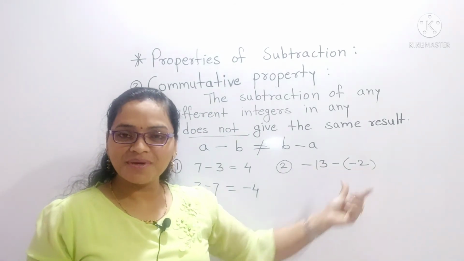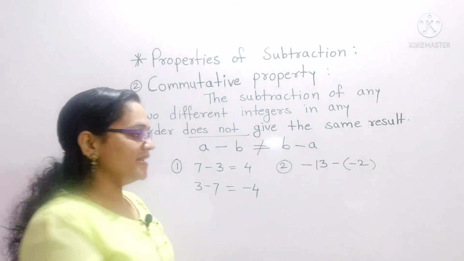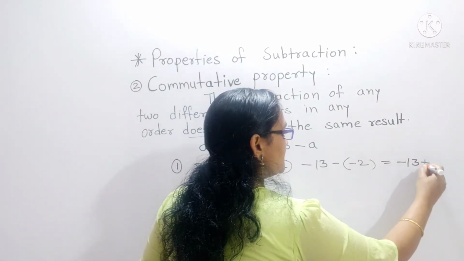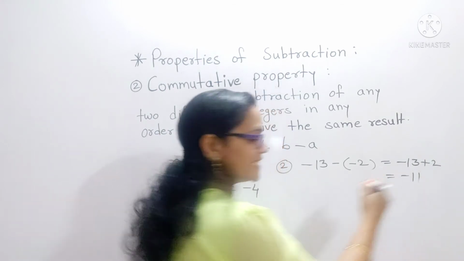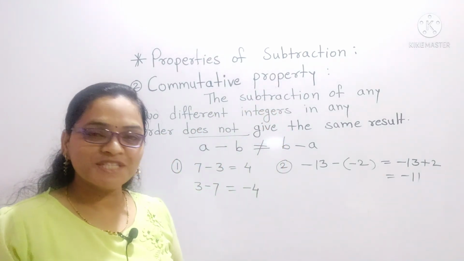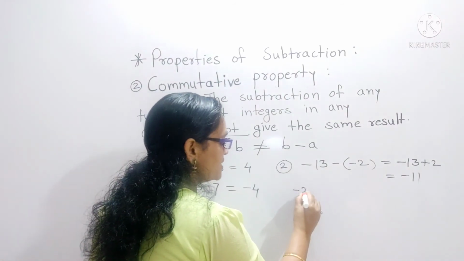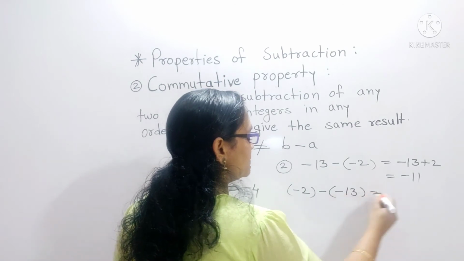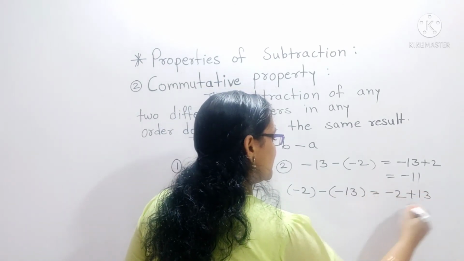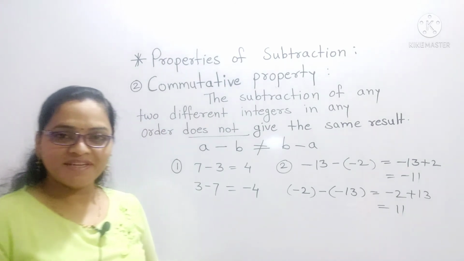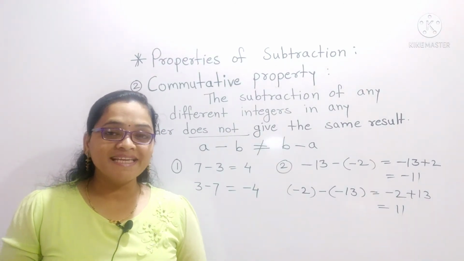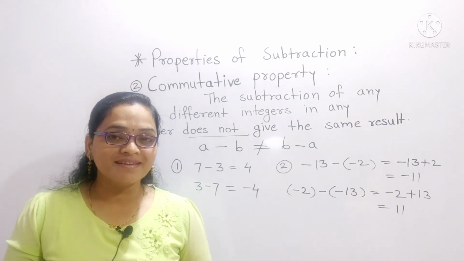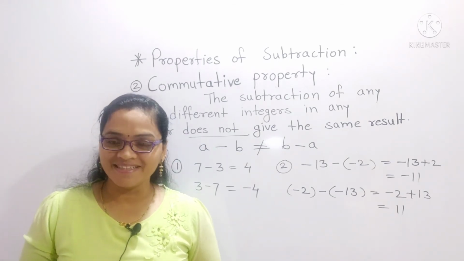Minus 13 and minus 2 are two different integers, and the difference is minus 13 plus 2 is equal to minus 11. And if we change the order, then minus 2 minus minus 13 is equal to minus 2 plus 13. The difference is plus 11. Therefore, subtraction is not commutative for integers. Remember, subtraction is not commutative for integers.